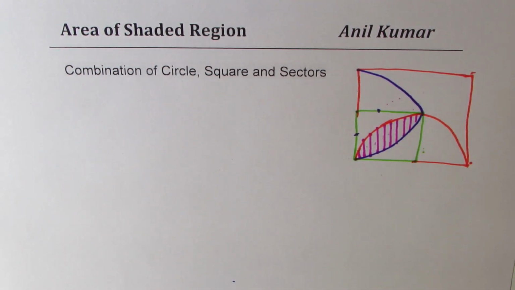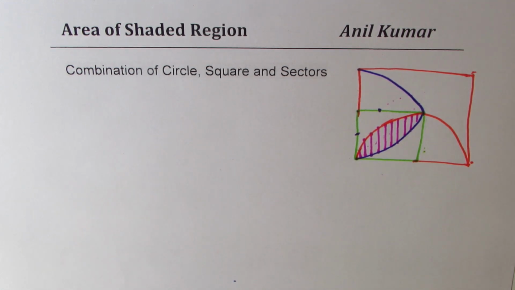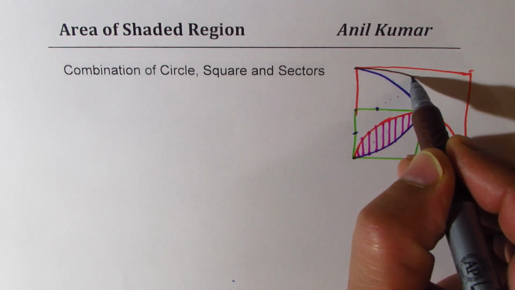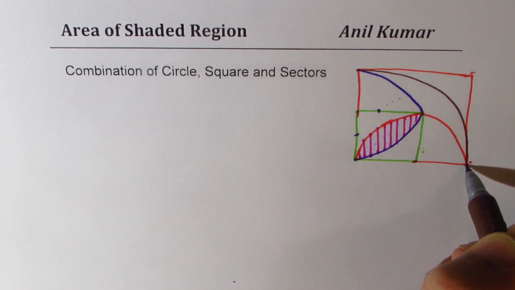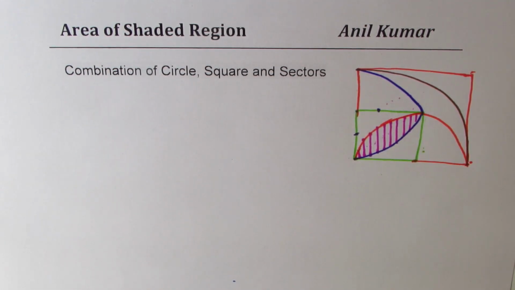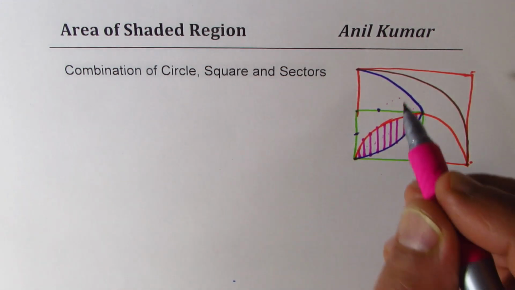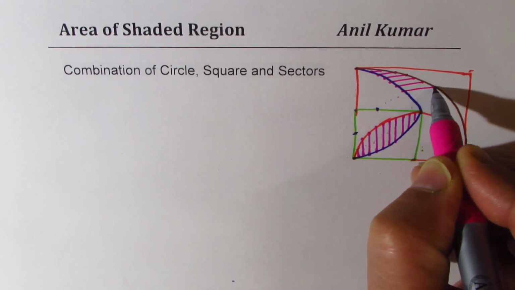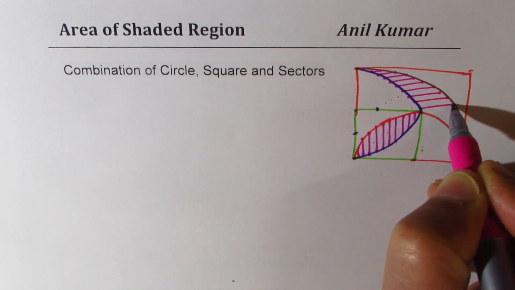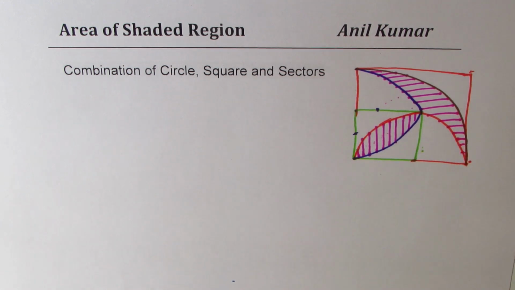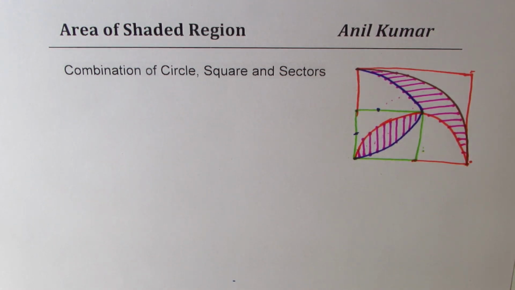Okay, we introduce another arc with a radius of 2 units. So what you see here is a couple of circles, and we need to find the area of this shaded region. So that is the question for us.